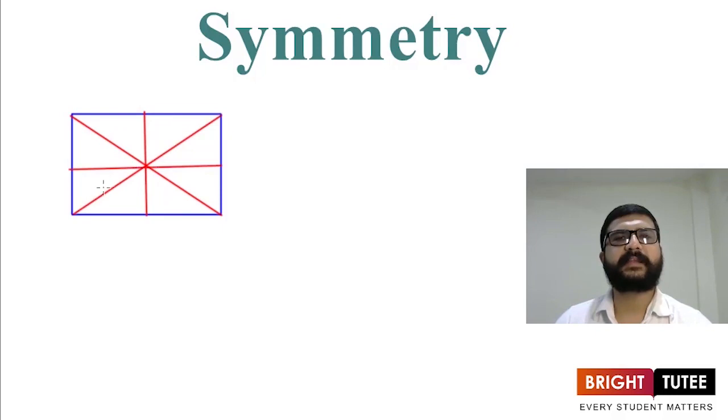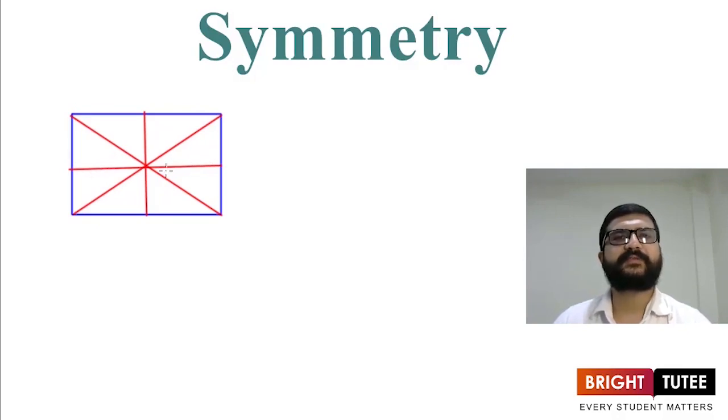By line of symmetry we mean there should be a line along which if the figure is folded, both the halves coincide with each other. And for this square, we have 4 lines of symmetry. Now, what about rotational symmetry? Does it follow rotational symmetry?